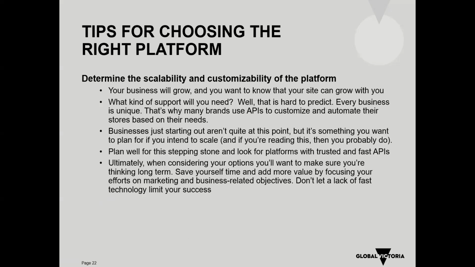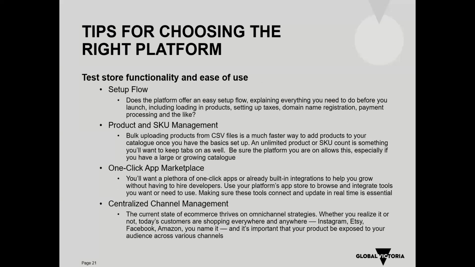Then there's centralized channel management. So the current state of e-commerce thrives on omni-channel strategies. And again, later in this series, we're going to be looking in more detail at omni-channel. Whether you realize it or not, customers shop everywhere, anywhere, all the time, whether it's through social media platforms like Facebook or marketplaces like Amazon.